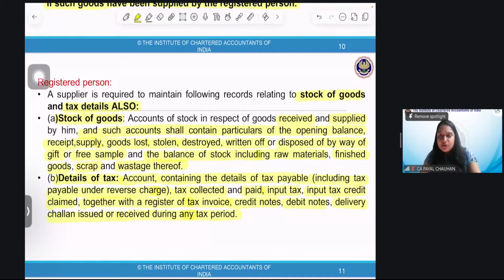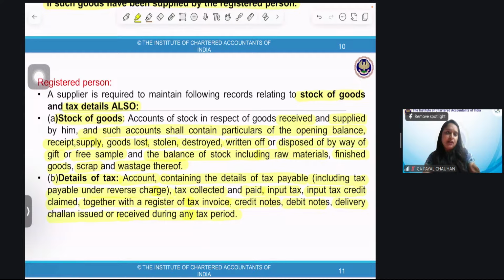First of all, I'll ask you, if I'm a composition dealer, am I registered or not? Yes. Perfect, Mustafa. Yes, I'm registered. All the accounts which are to be maintained by the registered person, I have to maintain since I'm registered.